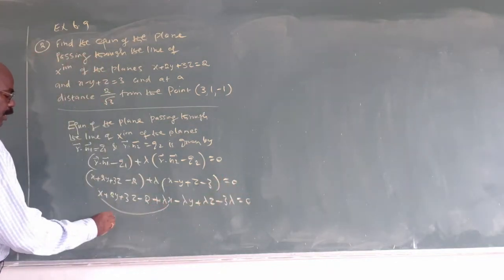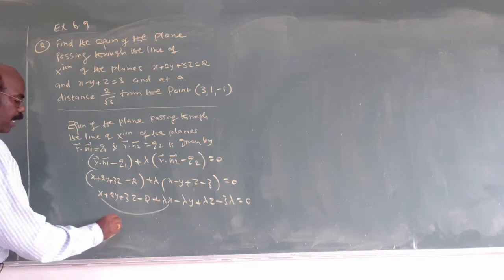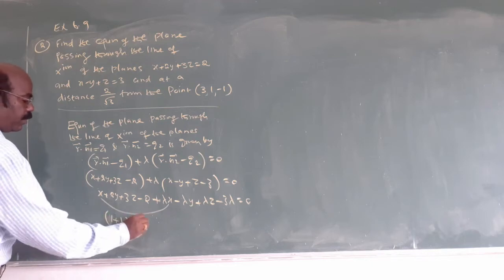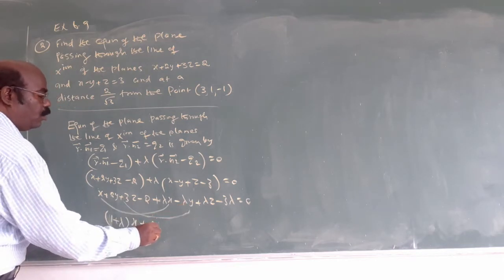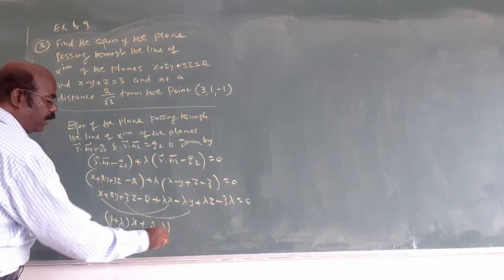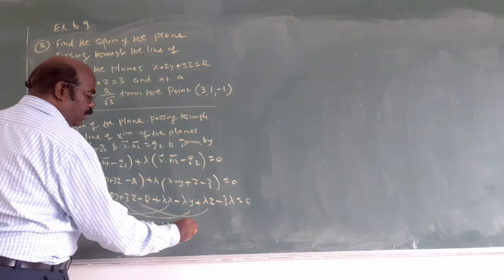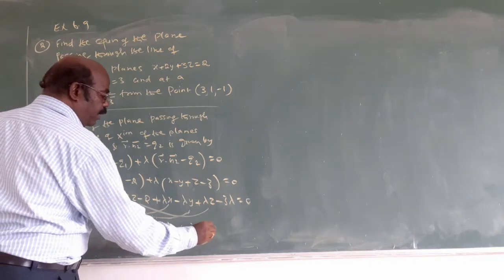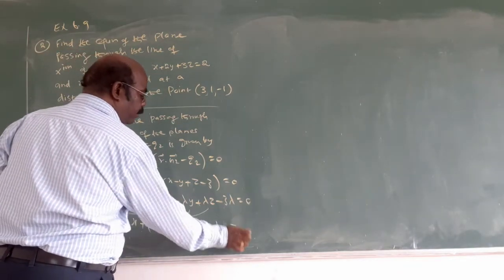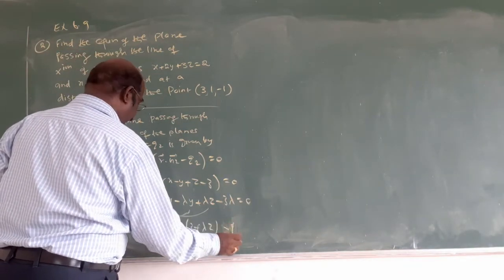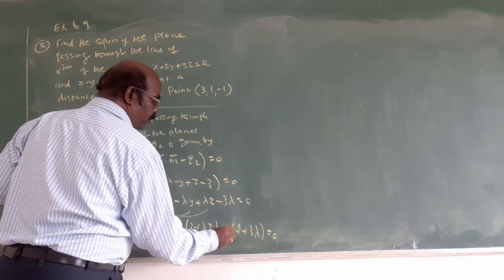Now combine these two. x common: 1 plus lambda into x, 2 minus lambda into y, 3 plus lambda into z. Last one is what? Minus is common: here minus 2 minus 3 lambda equal to 0. Am I correct?